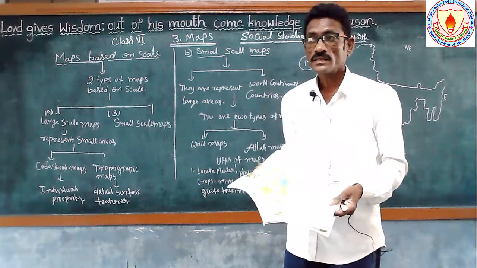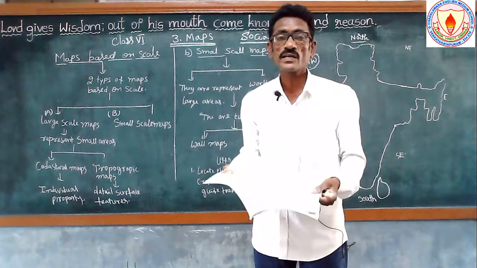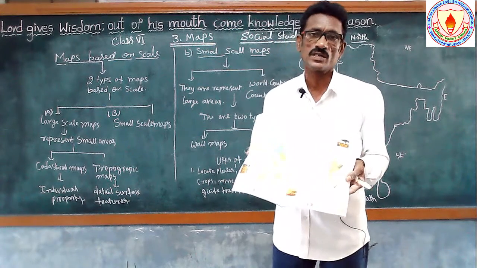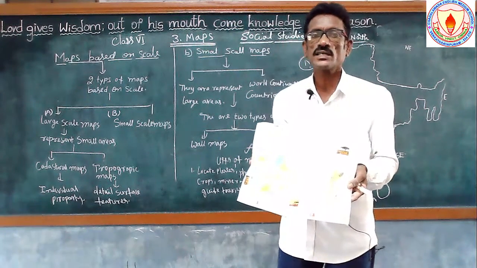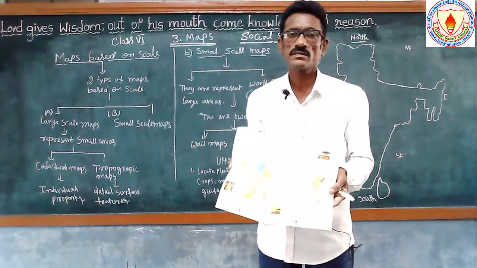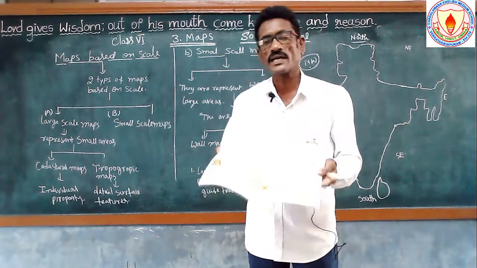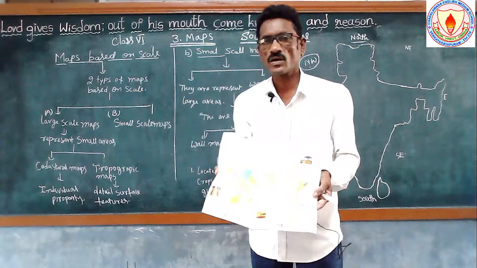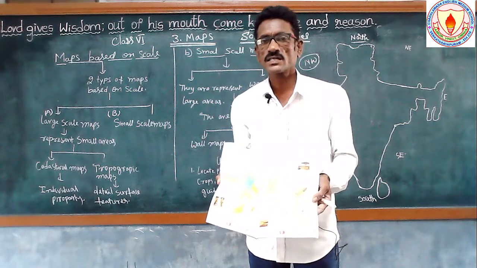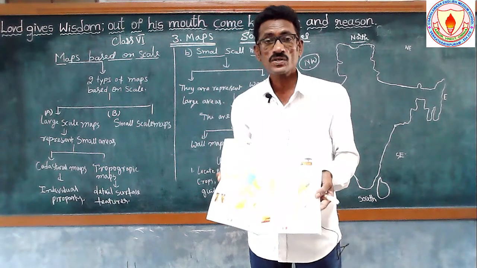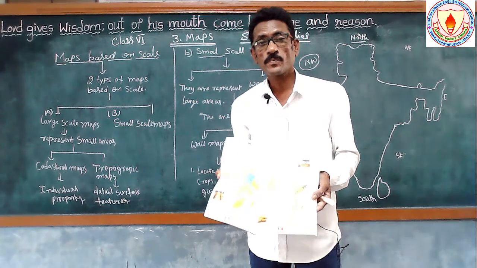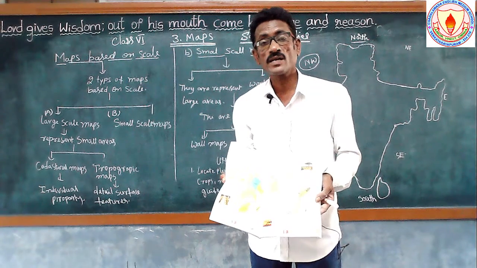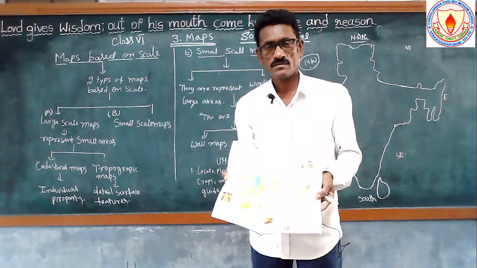So like that, this is how we are getting more information from the atlas book. When you are reading the textbook, read it with the help of the atlas, and you are getting more knowledge. Now, apart from the atlas and wall maps, phones are also available, with map pointing, and maps are available on the internet.